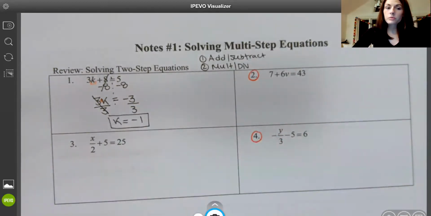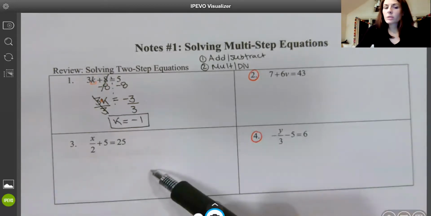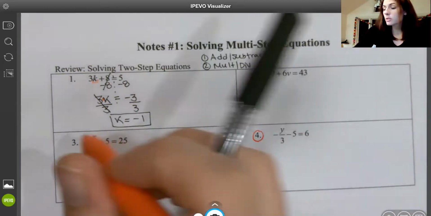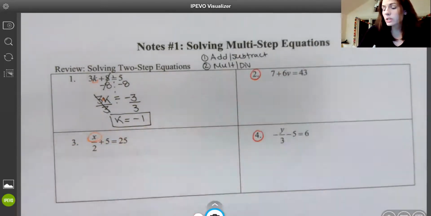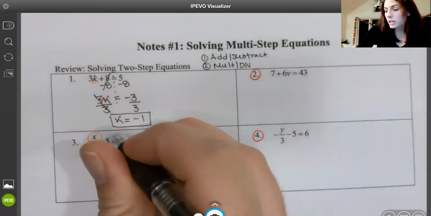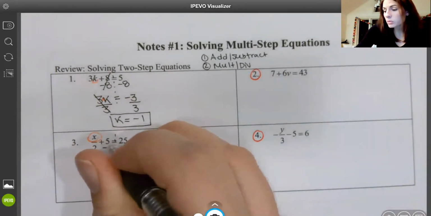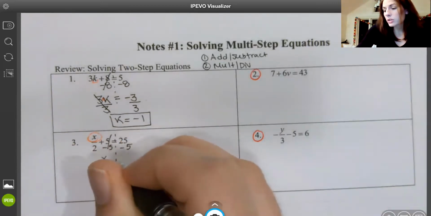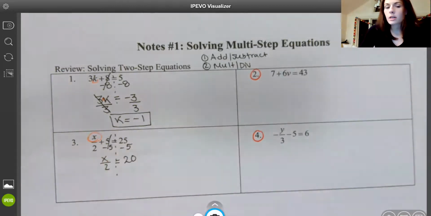I'm going to skip down to example 3. On example 3, same idea. Here's my variable. The first thing I'd want to deal with is this plus 5. The opposite of adding 5 would be to subtract 5. That would leave me with x over 2 equals 20.